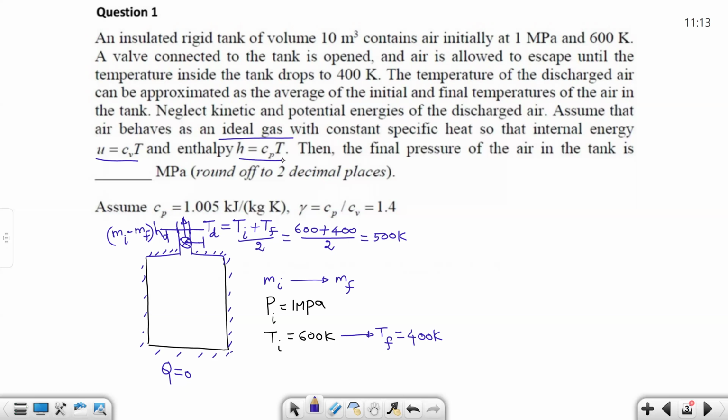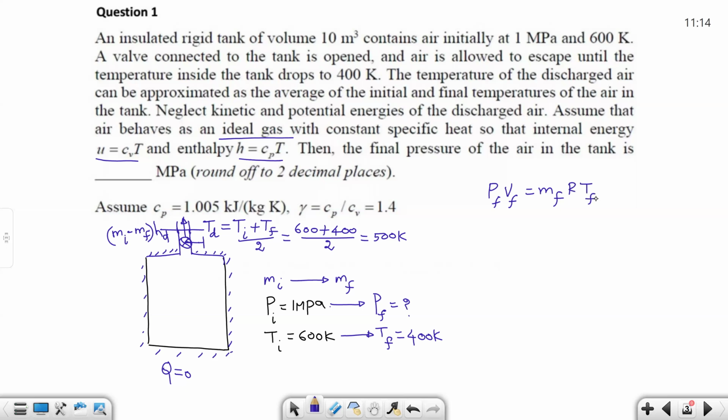What is the final pressure inside the tank? The initial pressure is this. How do you calculate the final pressure? We know that P final times V final is equal to M final times R times T final.